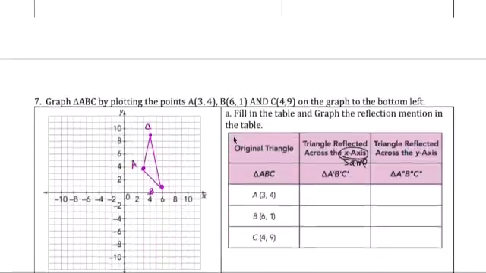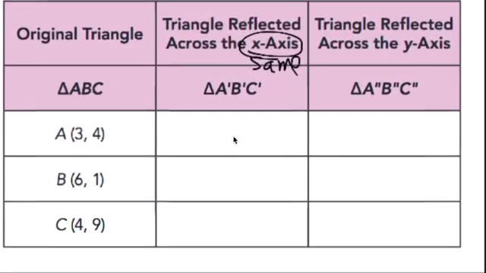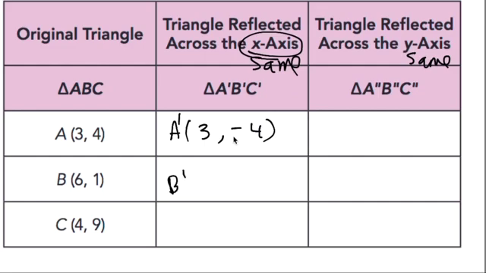X is its opposite. So here x is the same, y is the same here. So you take the point A, keep the x the same, y is its opposite. B prime, x the same, y is its opposite. C prime, x the same, y is its opposite.